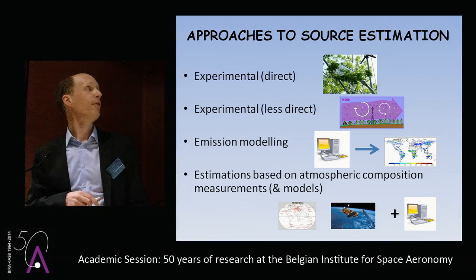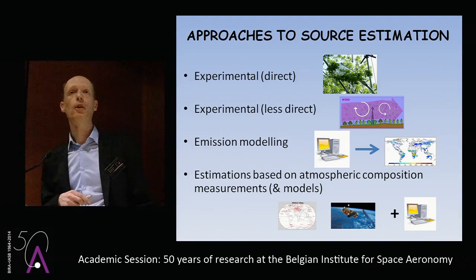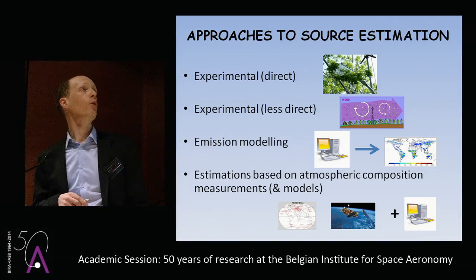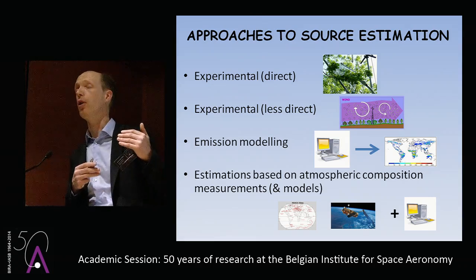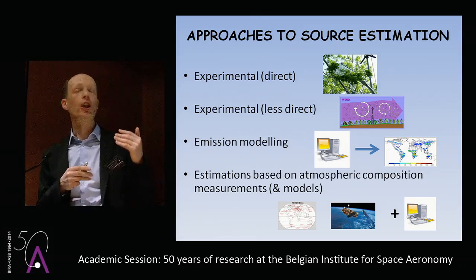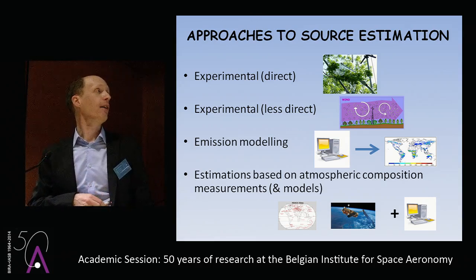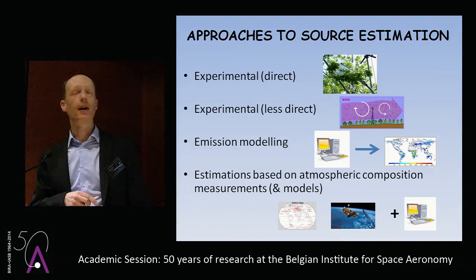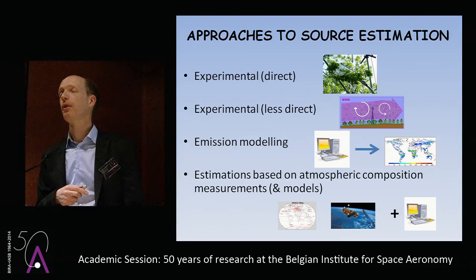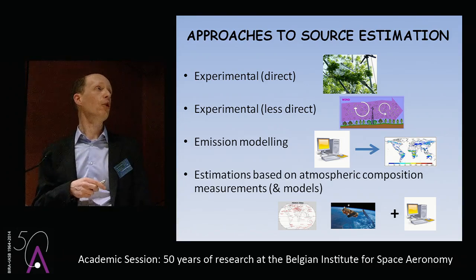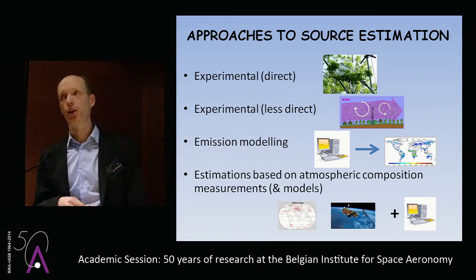Or you can have a less direct but also experimental approach, quite useful when you want to measure how much of different gases are exchanged with a forest, for example. Those methods are useful, but they are not sufficient to cover the whole planet and to know how much of different compounds are emitted. So you need to do some extrapolation.